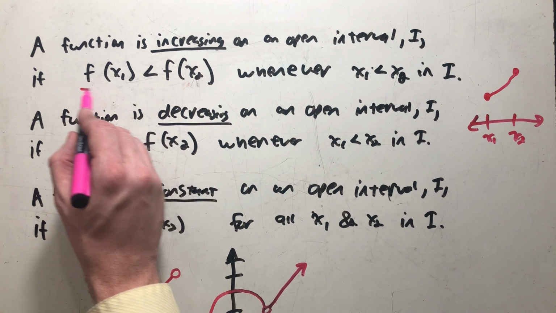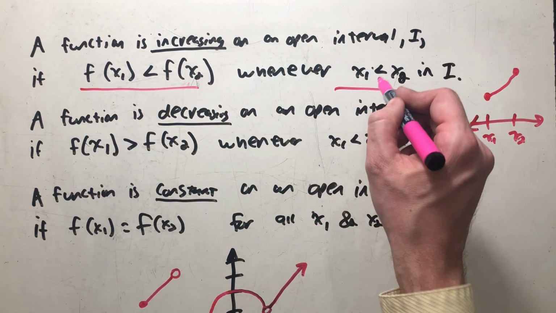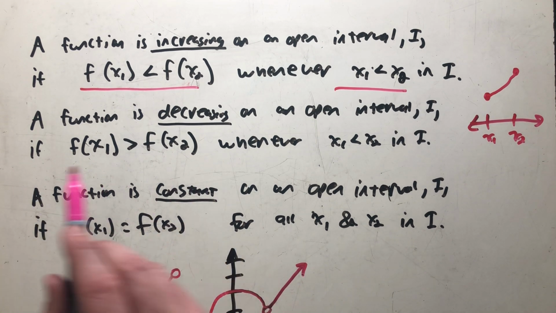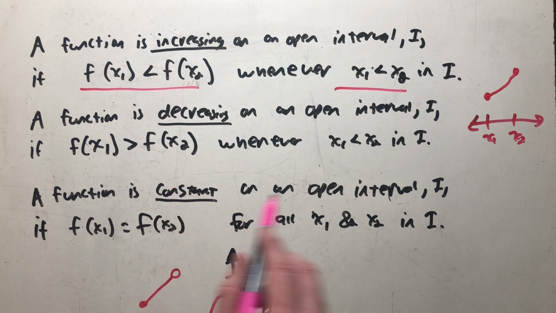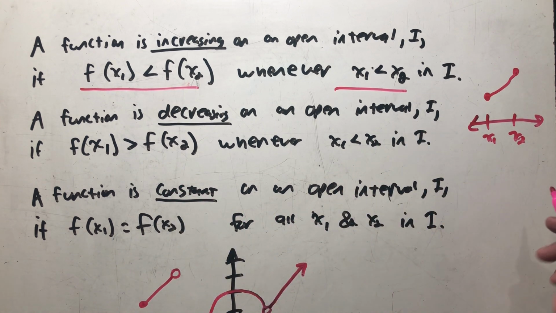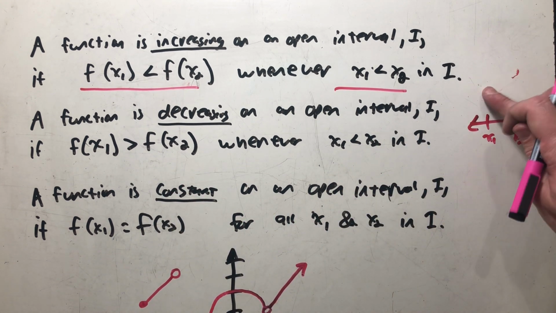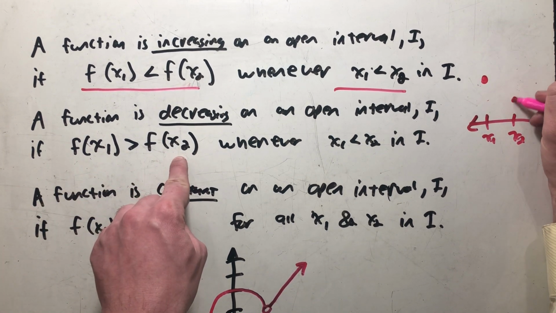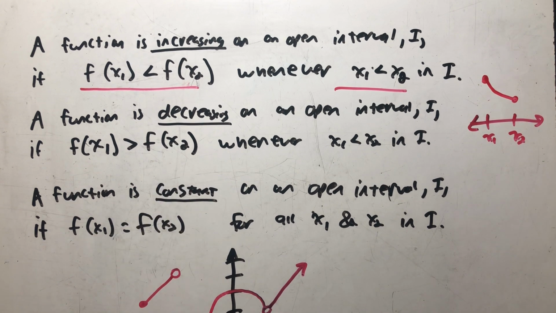So mathematically, this pairing of things says as I move from left to right, I'm going up. A function is decreasing on an open interval I if f of x1 is larger than f of x2 whenever x1 is less than x2. It's that same idea. It's just now the larger y value is over x1 and the smaller one's over x2, meaning I've gone down from left to right rather than up.